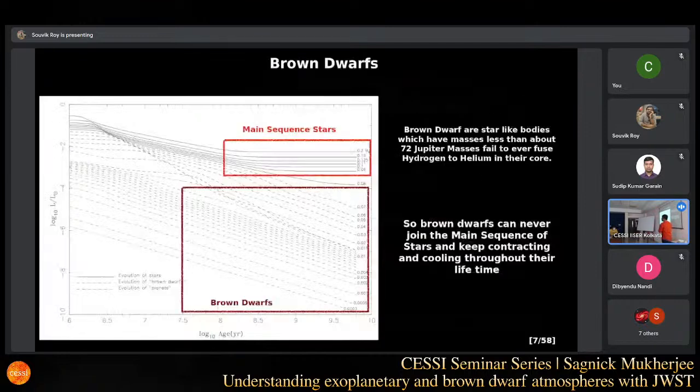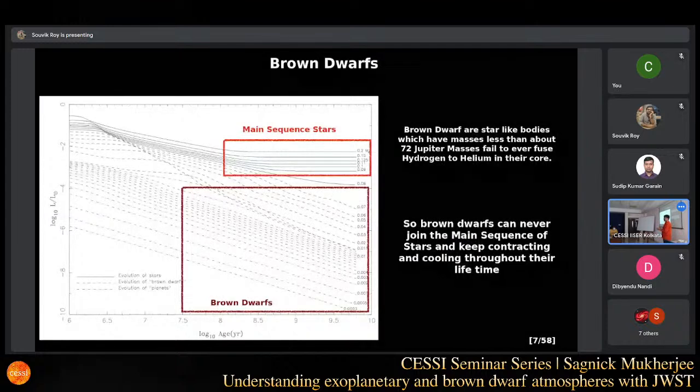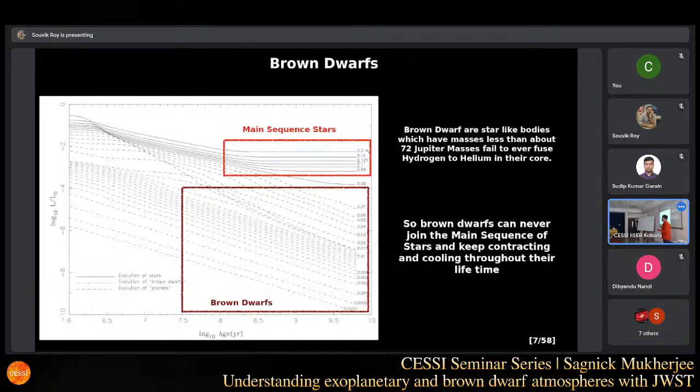So let me first introduce brown dwarfs, and then I will go into why brown dwarfs are relevant here. So what are brown dwarfs? In one simple sentence, brown dwarfs are basically failed stars. When you have a successful star or a main sequence star, it's massive enough that it can start hydrogen fusion in its core, and it can stop its contraction and maintain its luminosity throughout the main sequence lifetime.